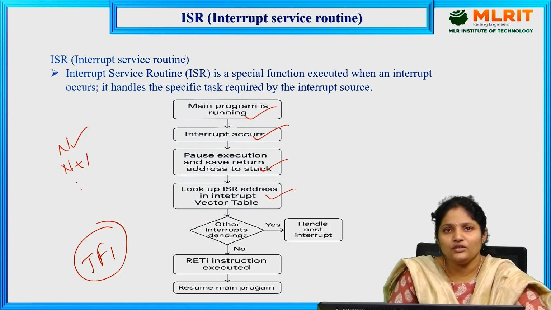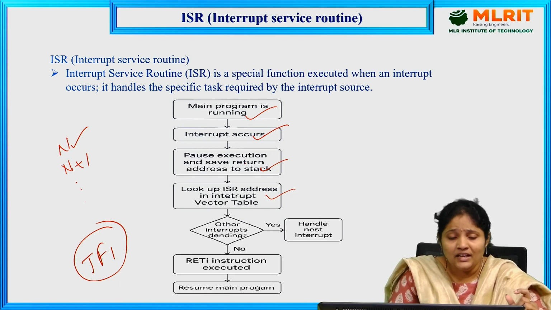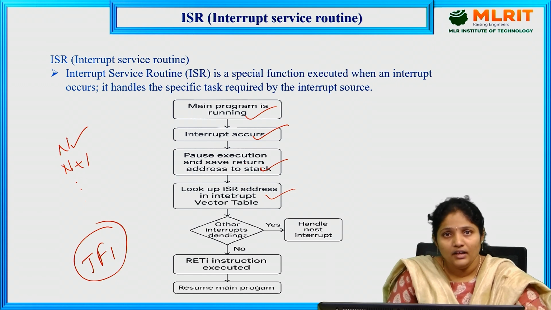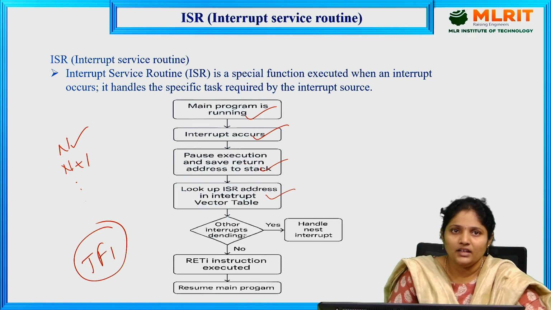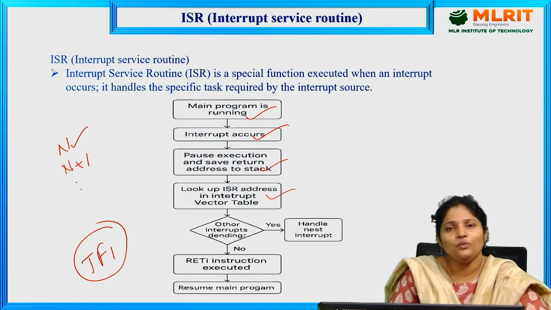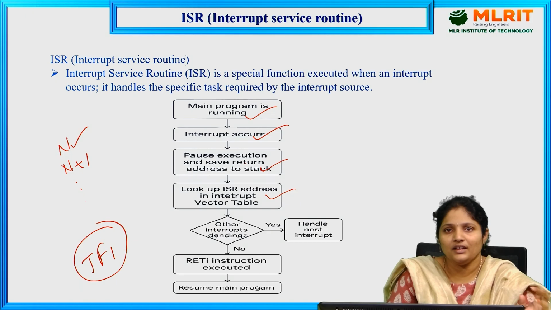In every controller, the first memory locations are always loaded with the interrupt vector table. This table has the addresses of each interrupt present in that microcontroller. The controller goes to the interrupt vector table, finds the address of that particular interrupt, goes to that address, and executes the interrupt.